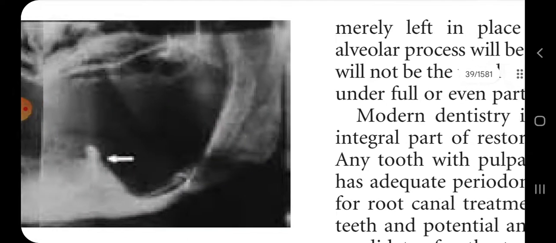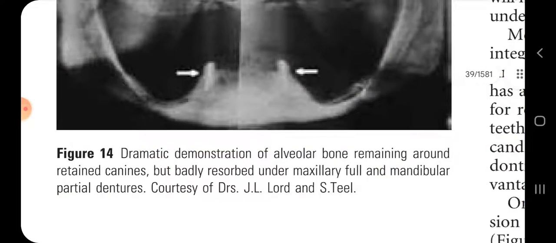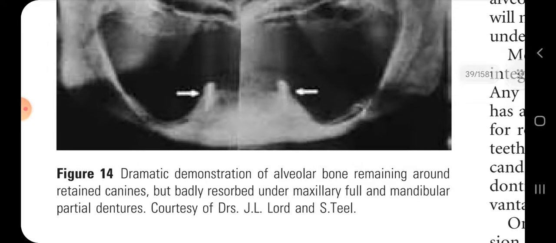This is figure 14, showing the dramatic demonstration of alveolar bone remaining around the retained canines, but badly resorbed under maxillary full and mandibular partial dentures.